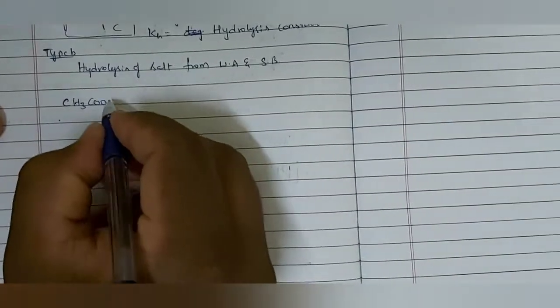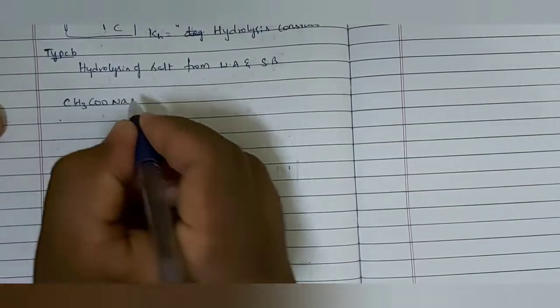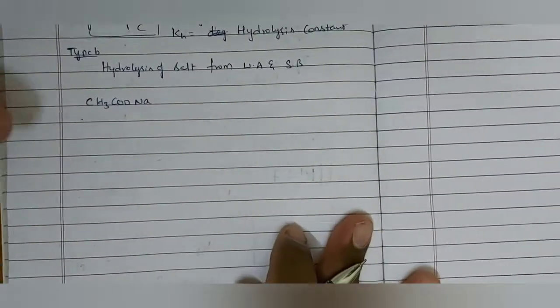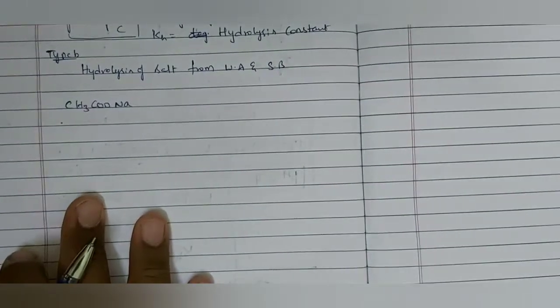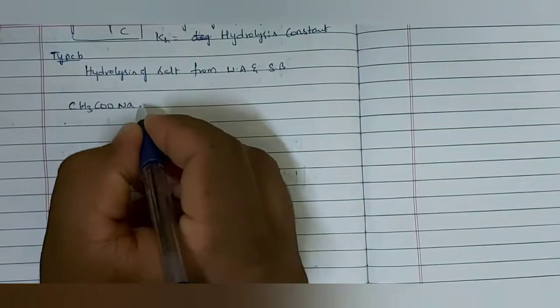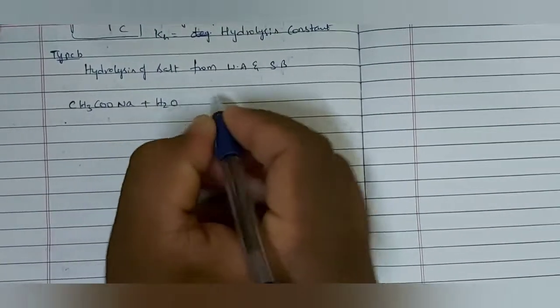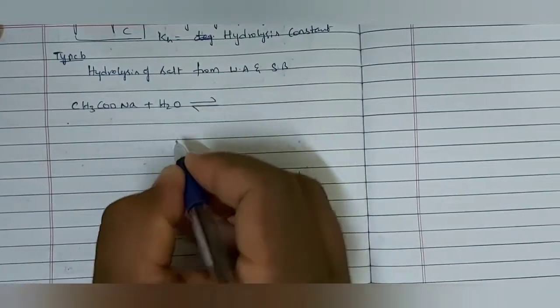Example for that one, CH3COONa. If CH3COONa undergoes hydrolysis, you will be getting equilibrium.